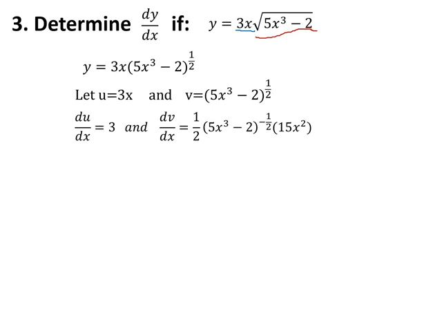That is, you are going to take the half, it multiplies here, then you subtract 1 from there. Then you multiply by the derivative of that function, which we have there.